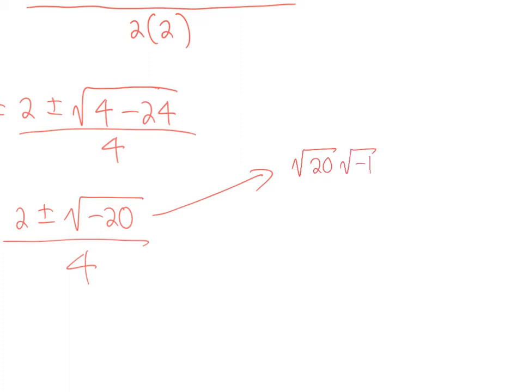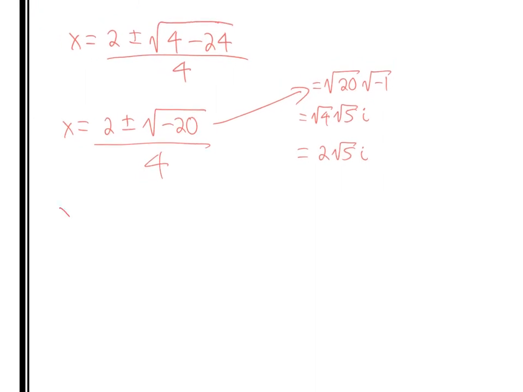What's a perfect square that multiplies into 20? Hopefully you said 4. The square root of 4 times 5 is 20, and 4 is a perfect square, which is what we want. And the square root of -1 is what variable? It is i. So this is going to equal, the square root of 4 is 2, square root of 5, and then we have i.